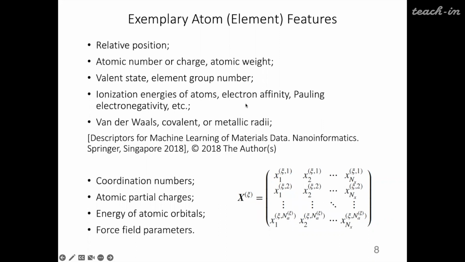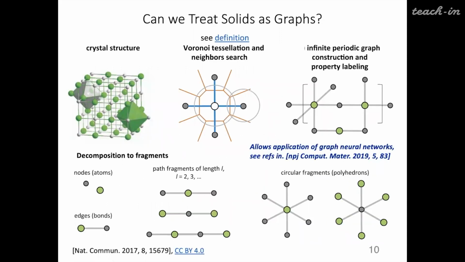And we can include properties like van der Waals or metallic radius, and many other properties can be included. And of course, we can even use force field parameters in such a matrix descriptor of a unit cell.